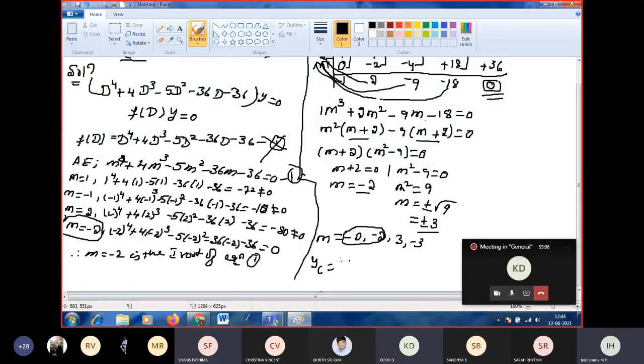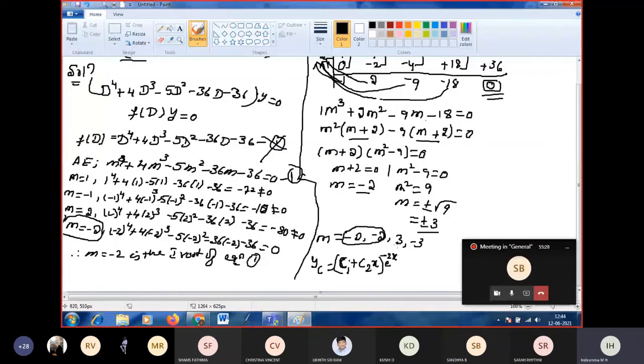First case. So how to write using the first case? YC is C1 plus C2x into e to the power of minus 2x.